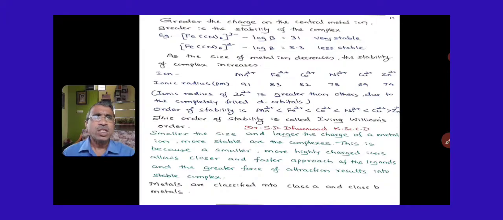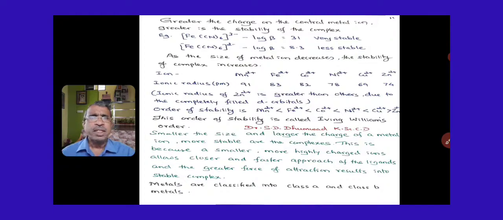That is, the zinc complexes are more stable. This type of order of stability is called the Irving-Williams order.